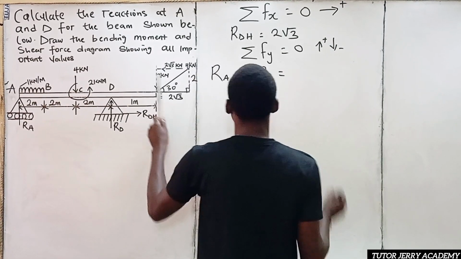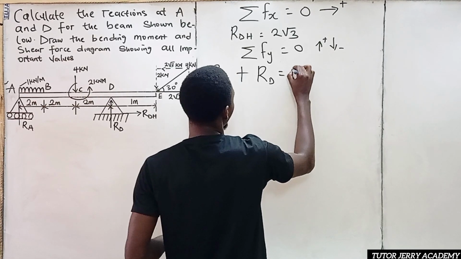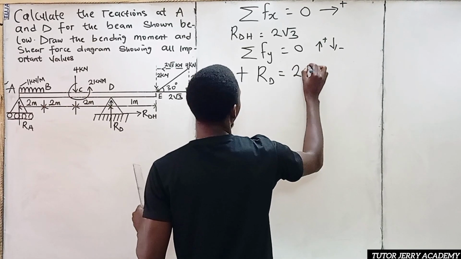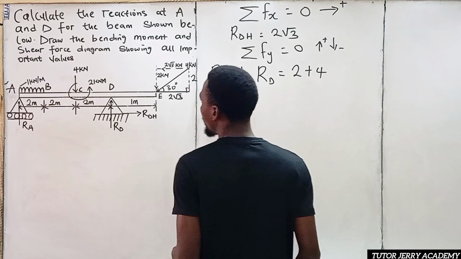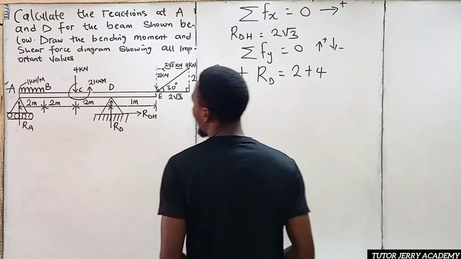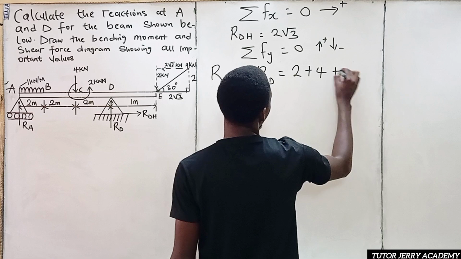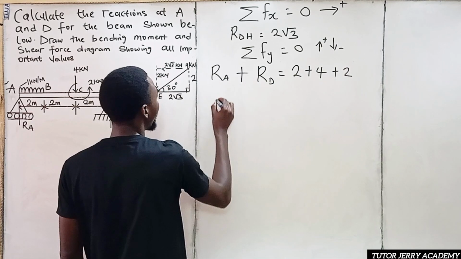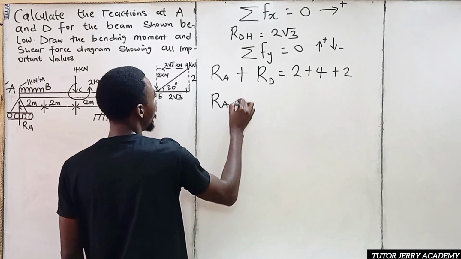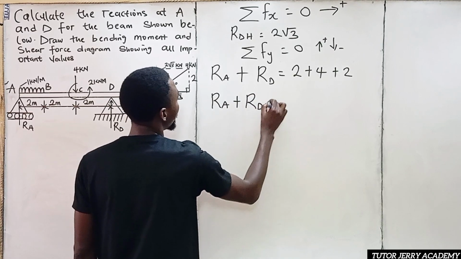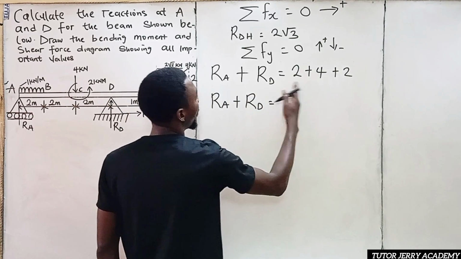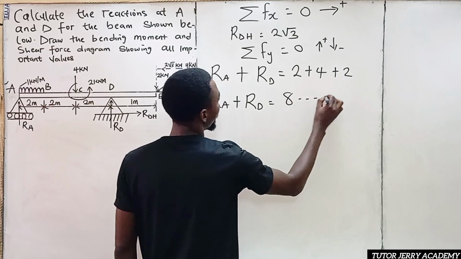The first downward force is 2, plus 4, plus, if you convert this uniformly distributed load to a point load, 1 times 2, which is 2. So R_A plus R_D is equal to 8. We'll call this equation number 1.